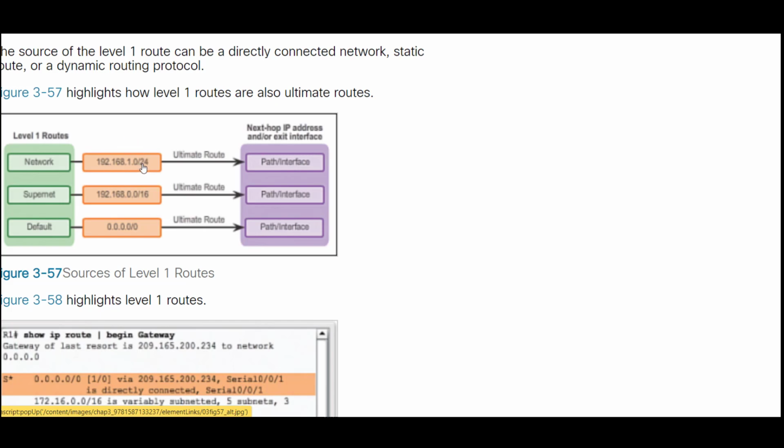That means this is going to be a level 1 route. Then you see the next one is 192.168. Here it should be /24, but I am having 16, less than, not more than.